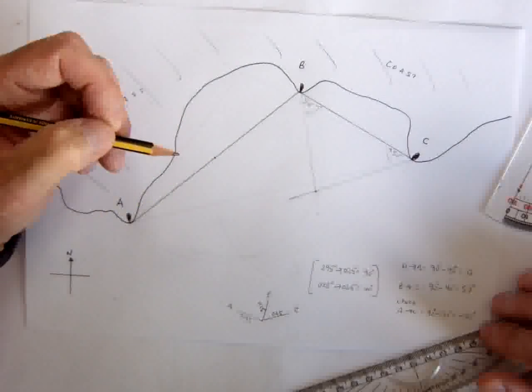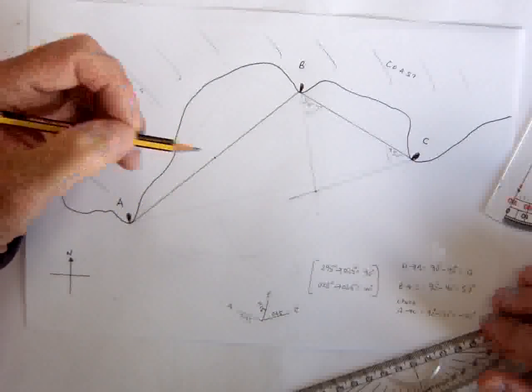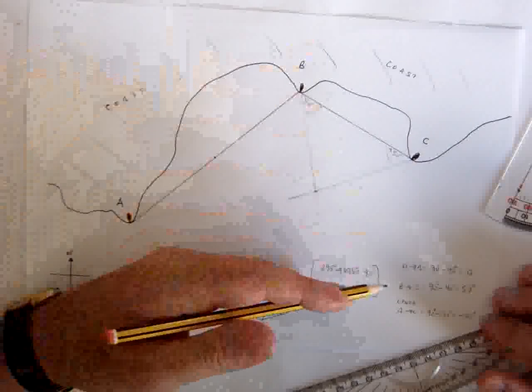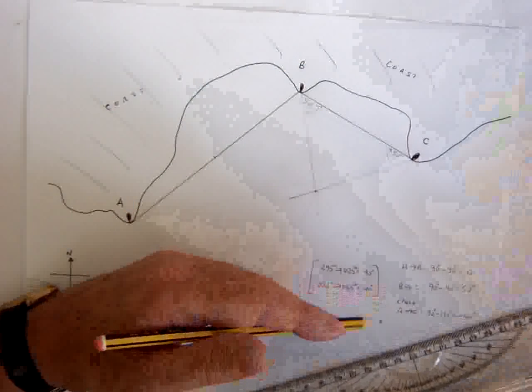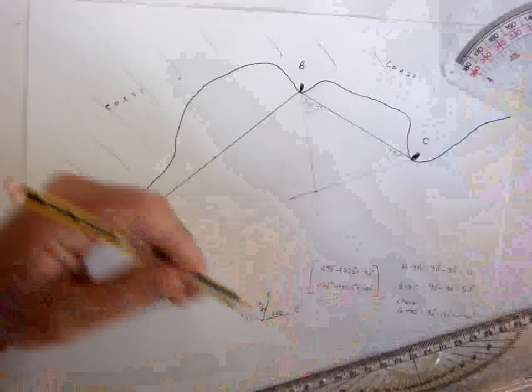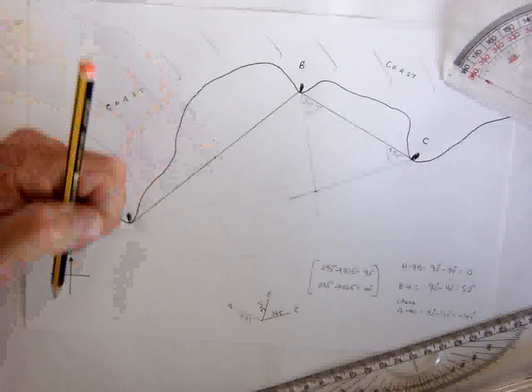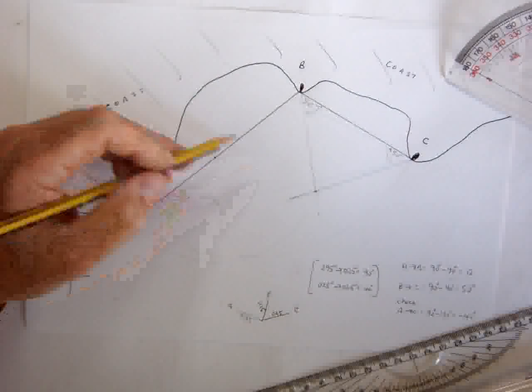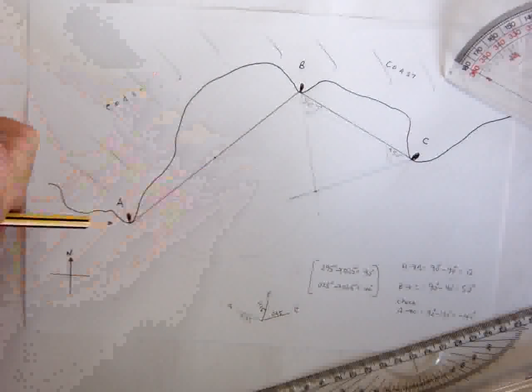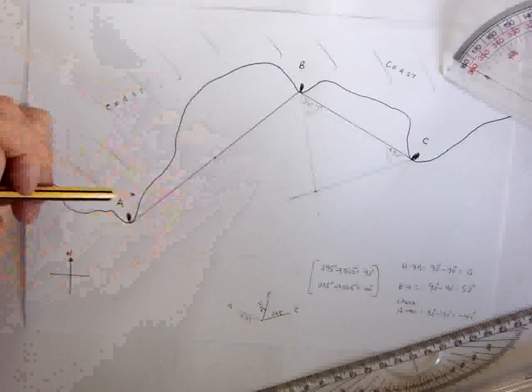Any angle that's less than 90 degrees is plotted towards the vessel with the protractor. Any angle of exactly 90 degrees is on the line, and any angle that exceeds 90 degrees is on the land side, away from the vessel.